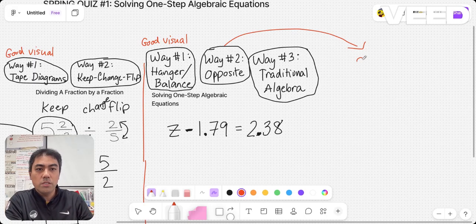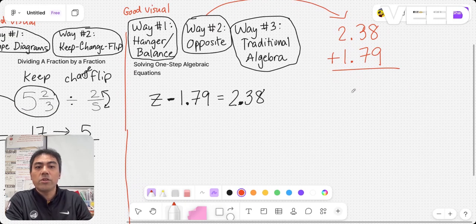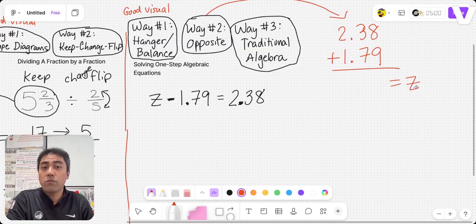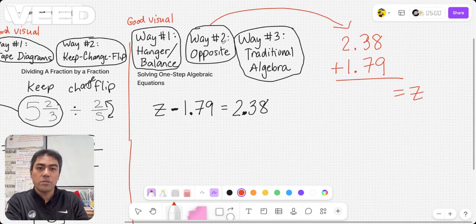So, what you do is you can start with your answer, and then the opposite of subtract is add. And so, you're just basically adding these two numbers. And then, whatever you get here, that is your answer for Z. In other words, this is your solution for Z and you're done. That is how to do the opposite way.